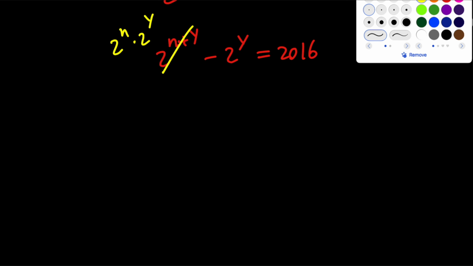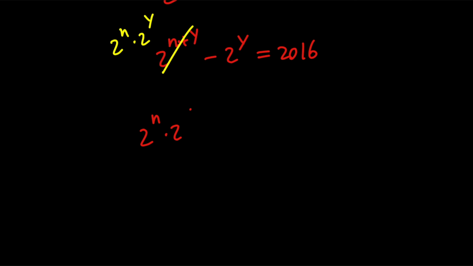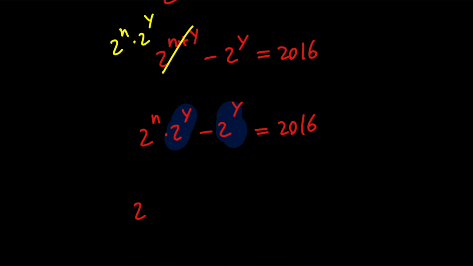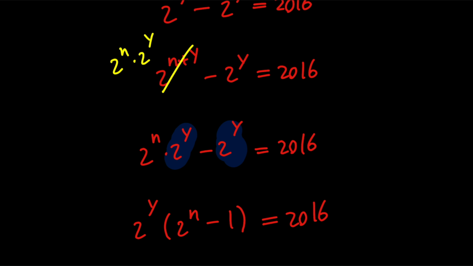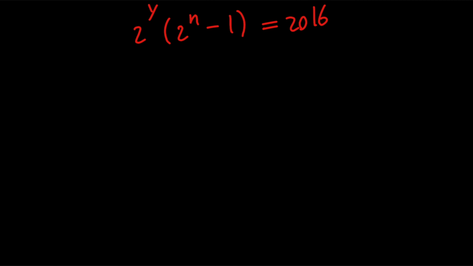So we have 2 to the power of n times 2 to the power of y minus 2 to the power of y equals 2016. Next, let's pull out this 2 to the power of y. So we're going to have 2 to the power of y times 2 to the power of n minus 1 equals 2016.